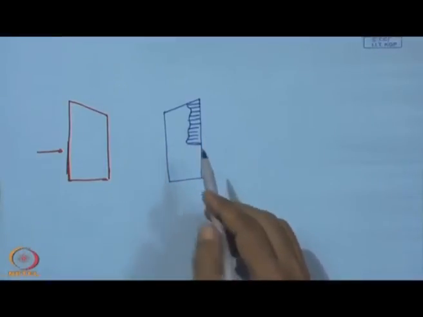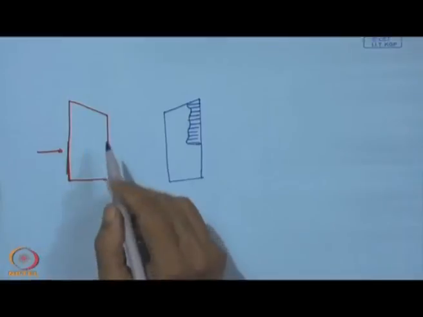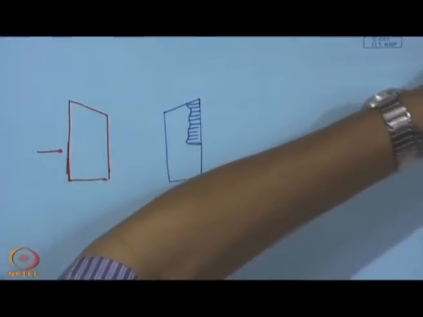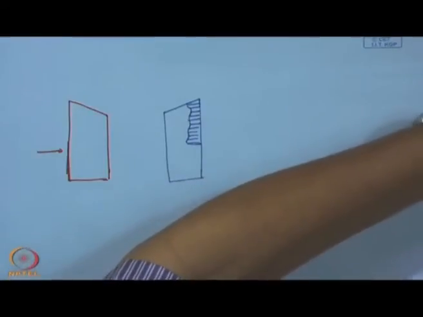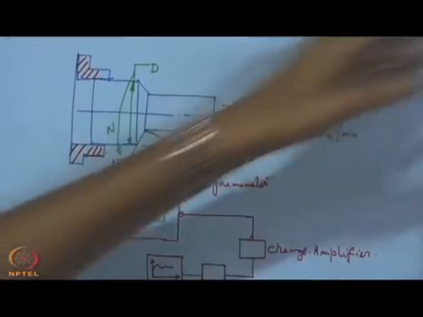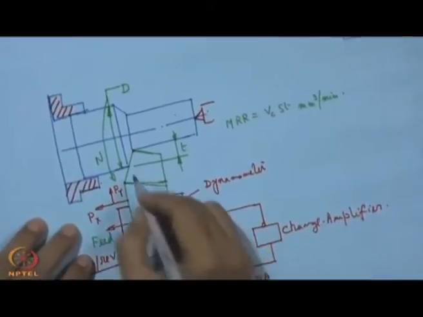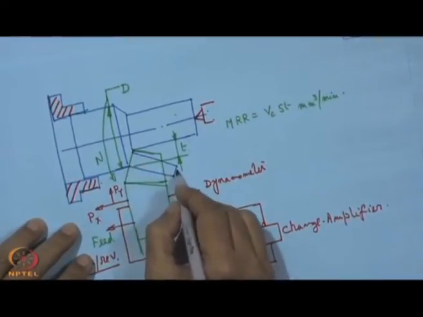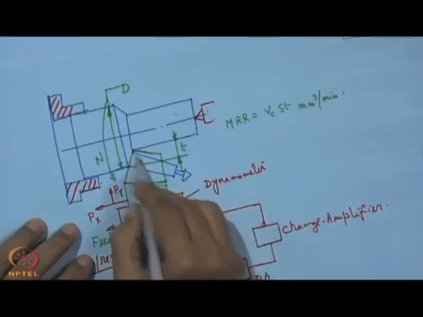Similarly, something else is also going to happen because of the movement of the chip over this surface, which we can quickly illustrate here. In this figure, the chip will flow in this direction, and as a result we can expect this tool here.